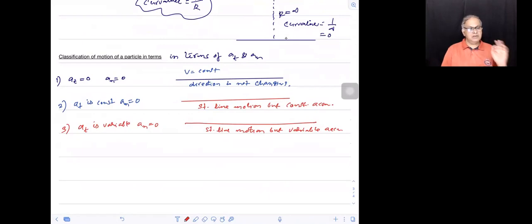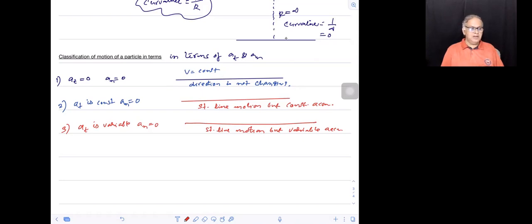One is that it goes in a straight line with the speed remaining constant. 10 meters per second means 10 meters per second all the time, at every instant. That means the instantaneous speed is constant. That's the first kind of motion. In the second kind, the speed goes on changing but uniformly: 2, 4, 6, 8, 10, 12, like that.